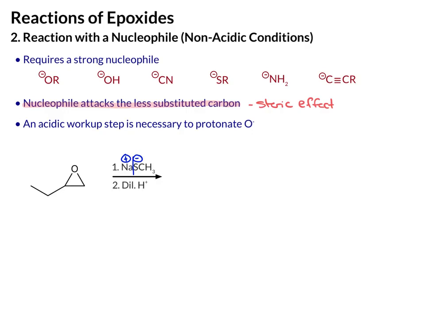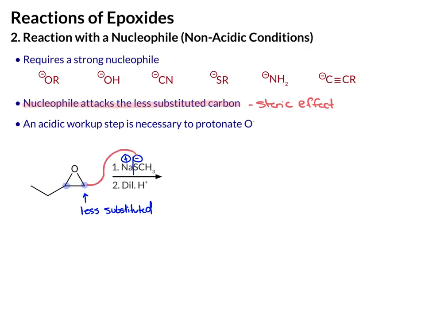So what's going to happen here, if you look at the two carbons of the epoxide, the one on the right is less substituted. With the nucleophile coming in, it's going to go for the less substituted carbon here.